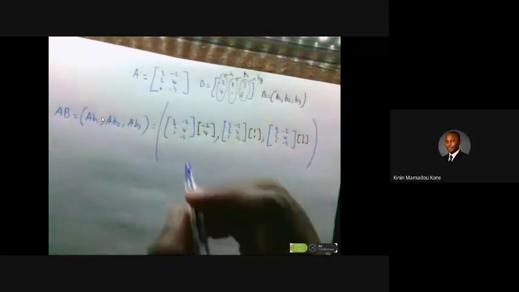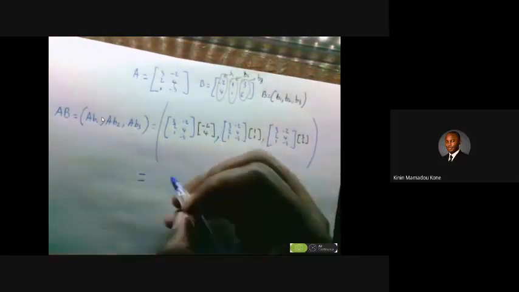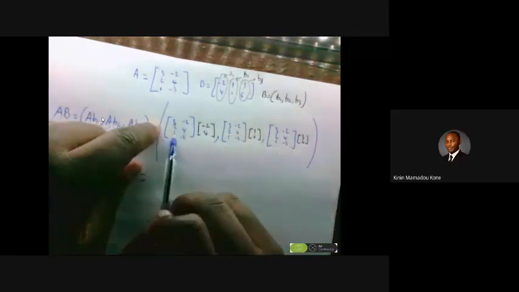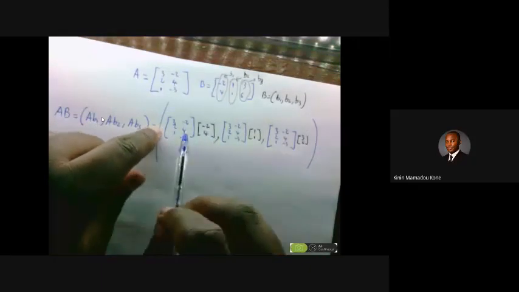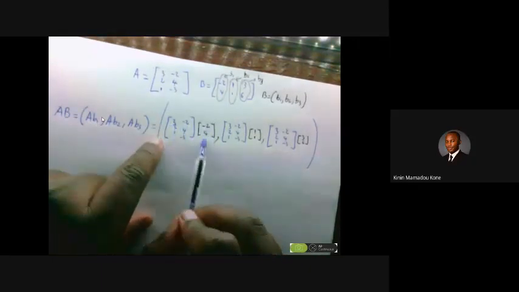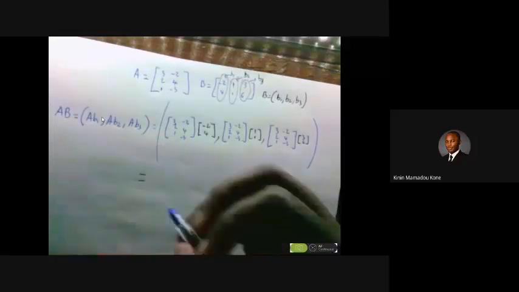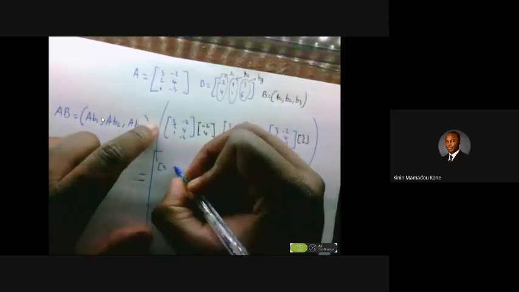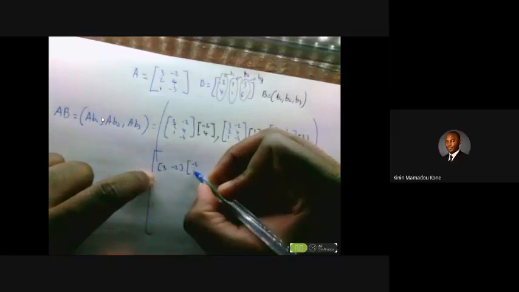So now, the way I break it down is, here I have this one times that one over here. And the way I'm going to do it is to take row times column, row times column, row times column. So here, there you go. You have this row times this column. The first row, 3, -2, times this column vector, -2, 4.